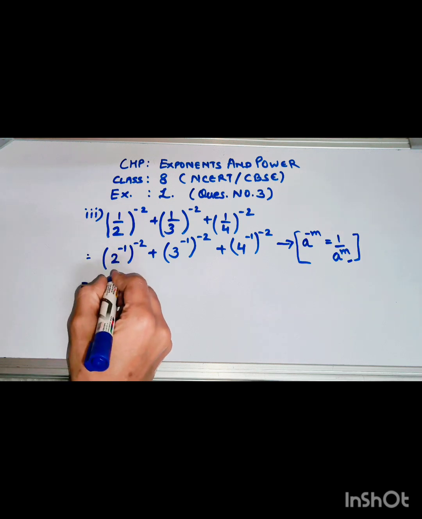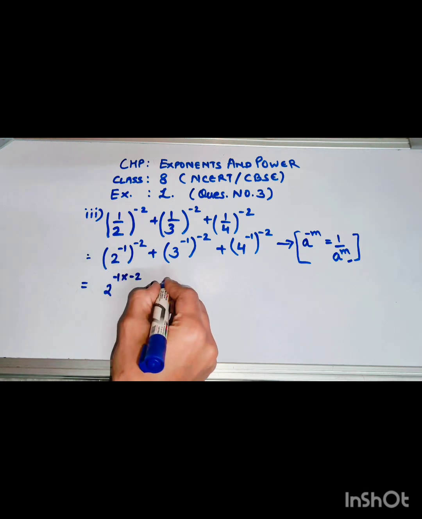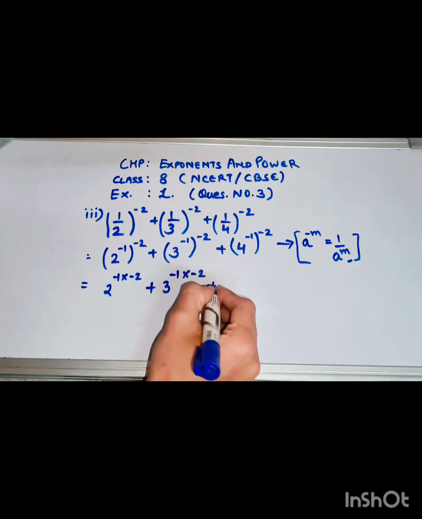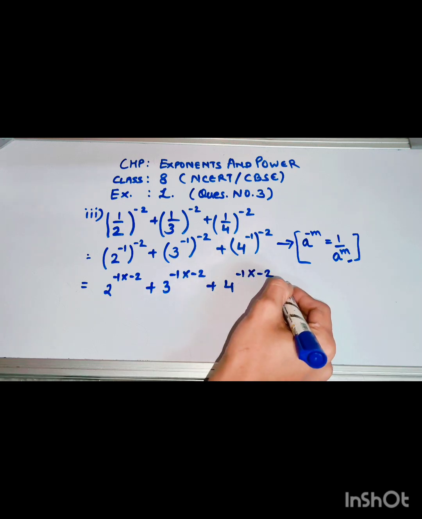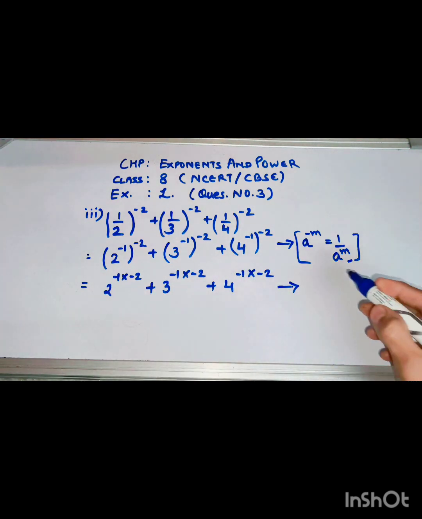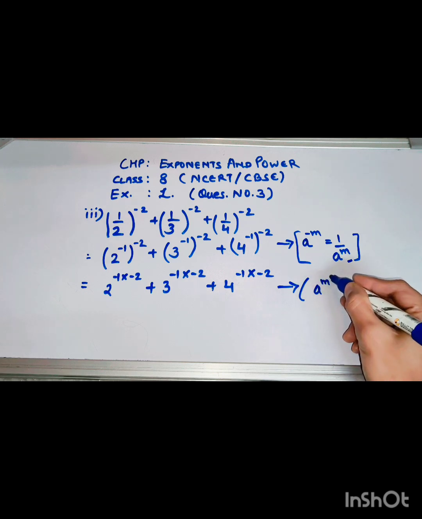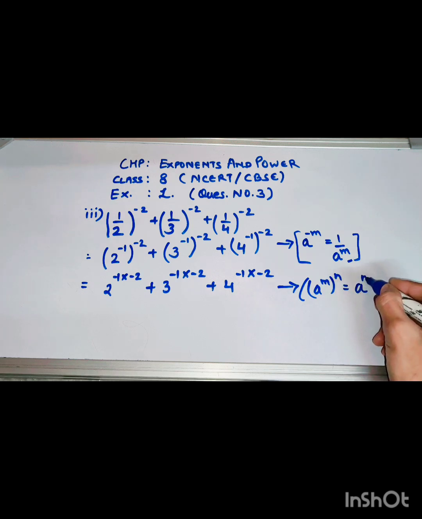2 raised to the power minus 1 into minus 2 plus 3 raised to the power minus 1 into minus 2 plus 4 raised to the power minus 1 into minus 2. That is, if we have power of power, then we will multiply the power, that is a raised to the power m raised to the power n, we can write it as a raised to the power m into n.